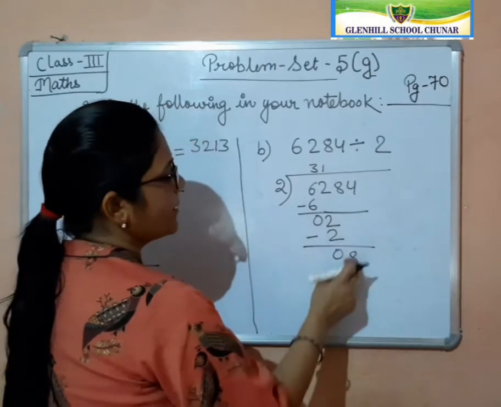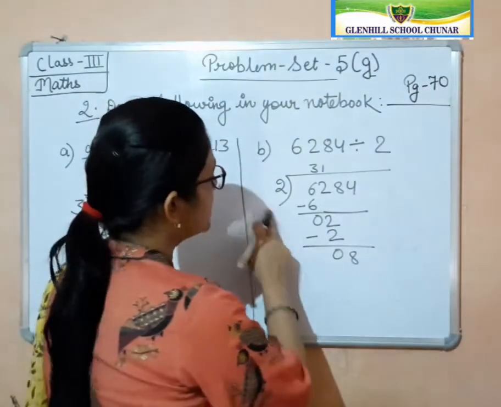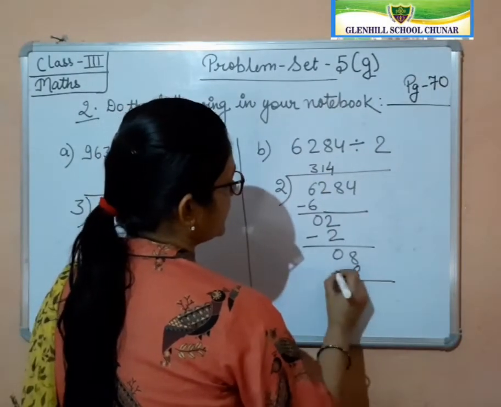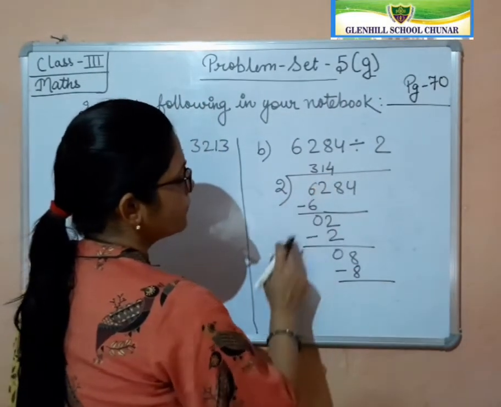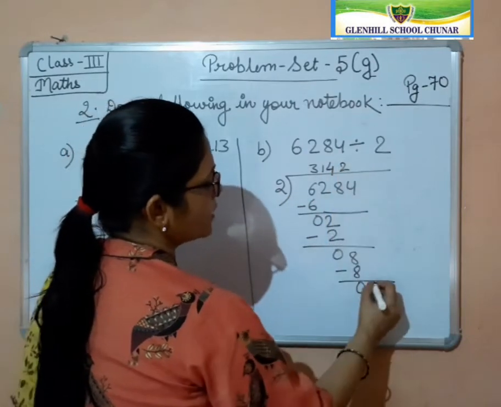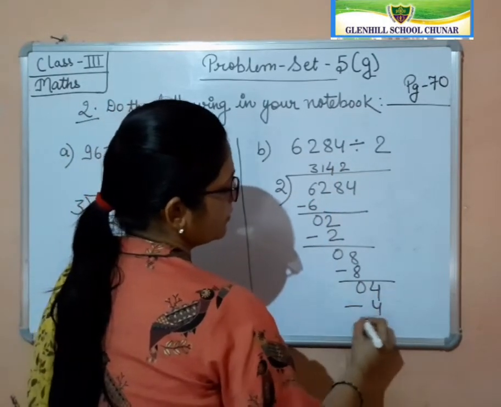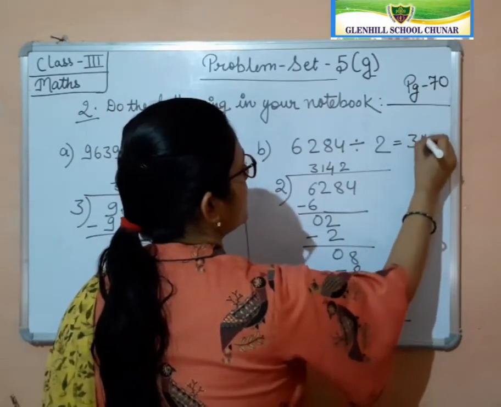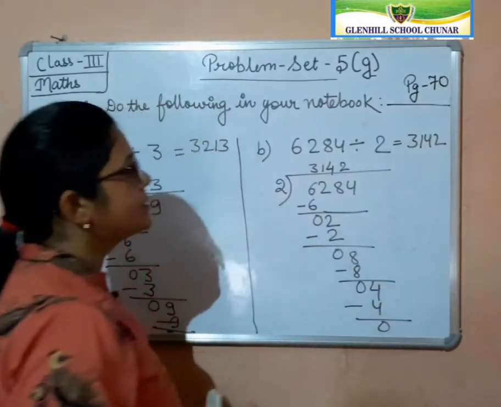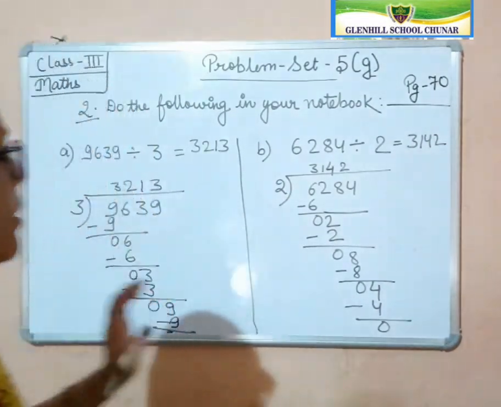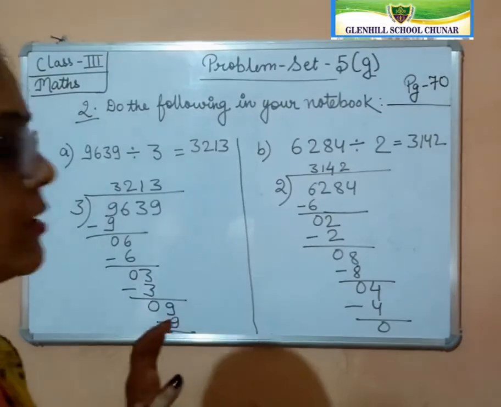Now in 2's table, 8 comes in how many times? 8 comes in 4 times. 8 written, minus. Now 2 twos are 4. 4 is there, 4 I have taken, 0. Okay, so the answer is 3142. So these two are like this only. You will do the rest of the questions in your notebook. Okay students, so do it.